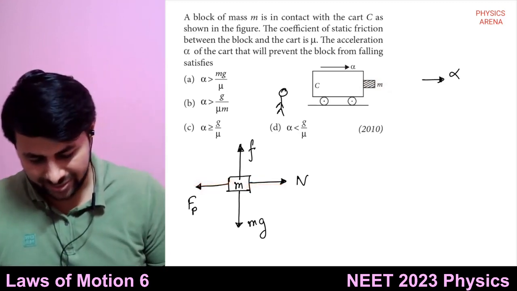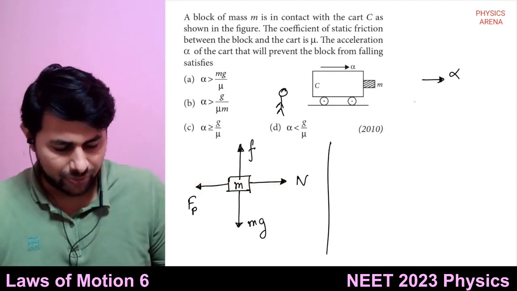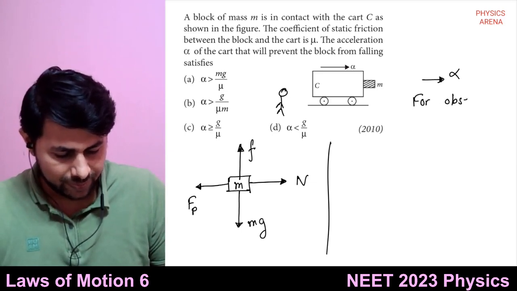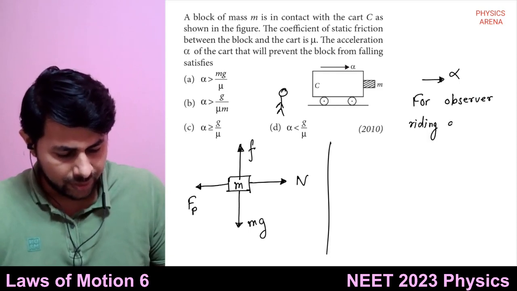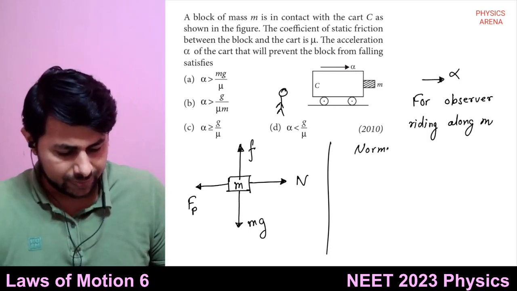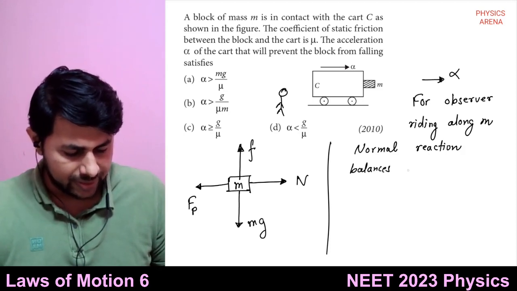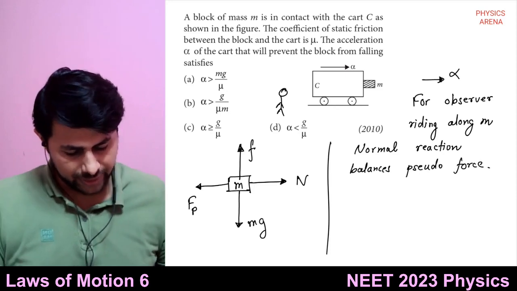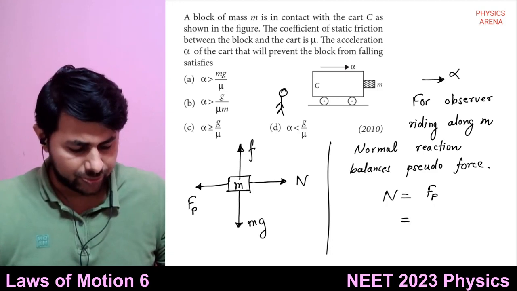Got it? So for the observer riding along with M, the normal reaction balances the pseudo force. So N is equal to the pseudo force. And how much is the magnitude of the pseudo force?